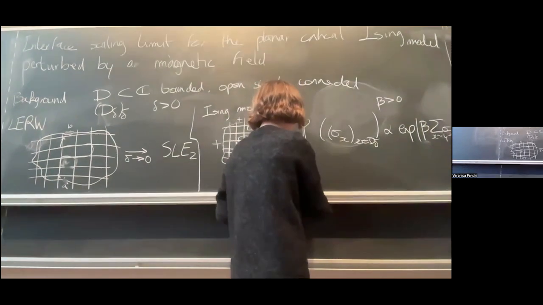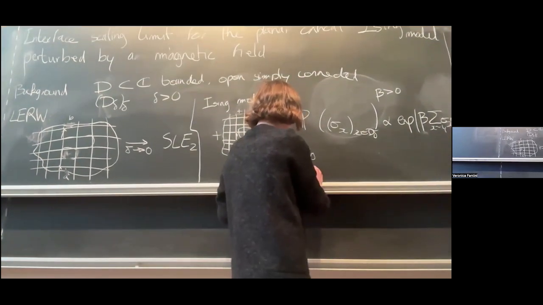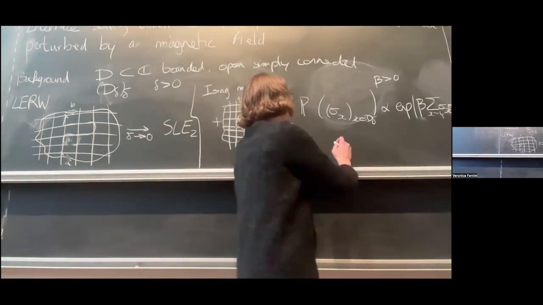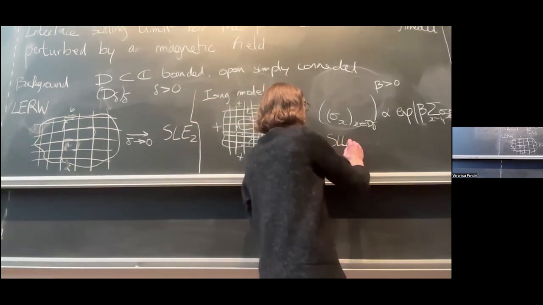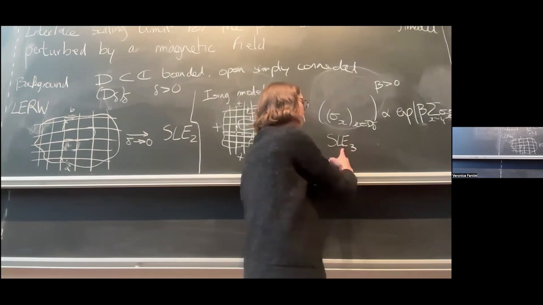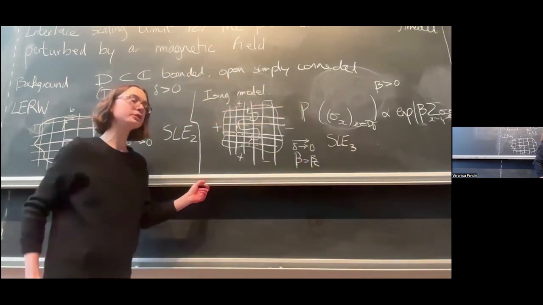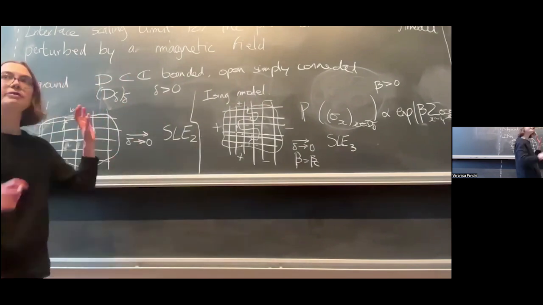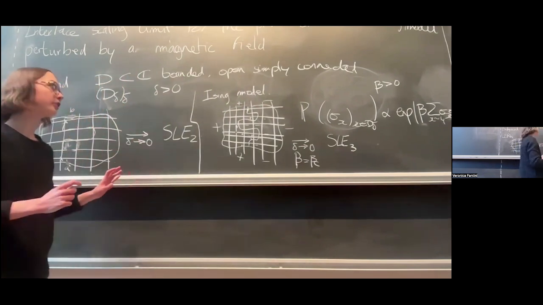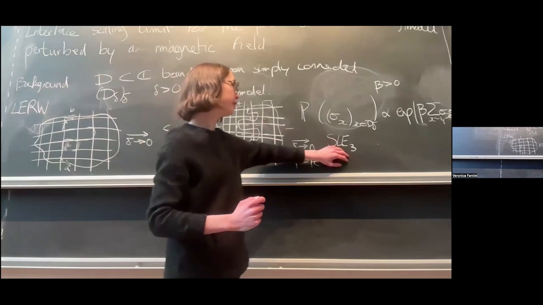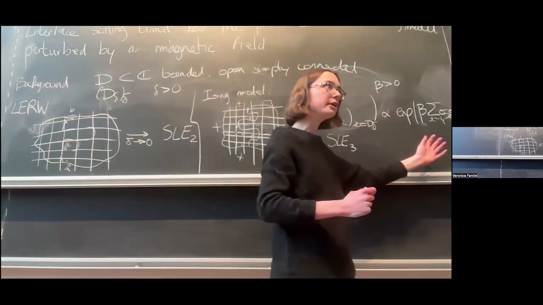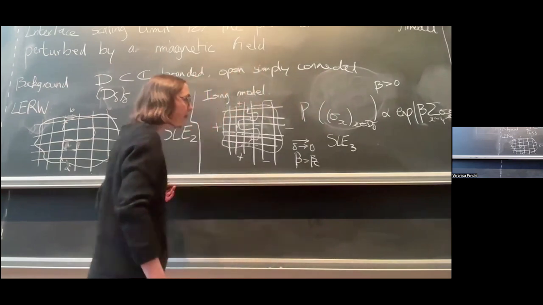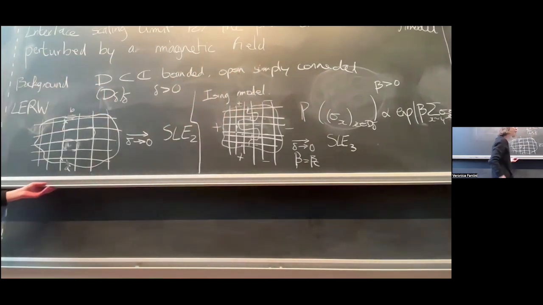Namely, when beta is equal to its critical value, which I'm going to call beta c, then this scaling limit is described again by an SLE curve, but now with parameter 3. The important thing is that you keep this conformal invariance property. So if you map your SLE3 with a conformal map to another domain, then the image of the curve is still SLE3.